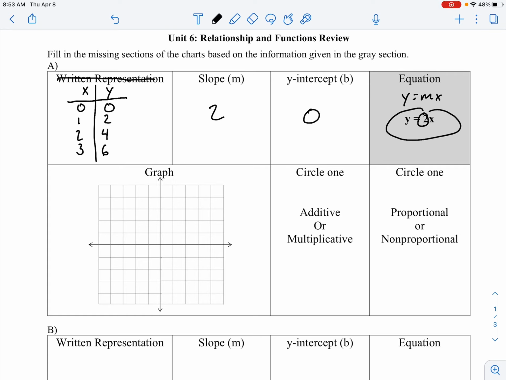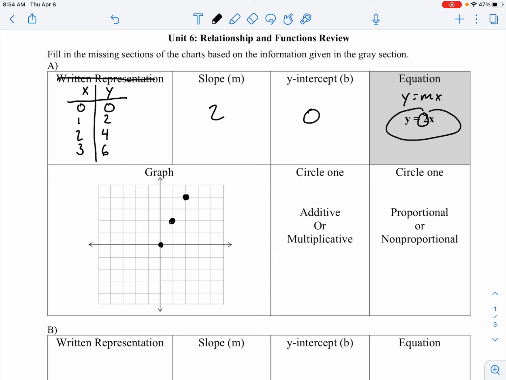All right, so now we're going to move on to our graph. What we want to do is just plot the points that we gave in our table. So x comma y, remember? 0 comma 0 is going to be that origin right there. 1 comma 2, we're going to move over 1 and go up 2 right there. 2 comma 4, over to 2, up to 4.